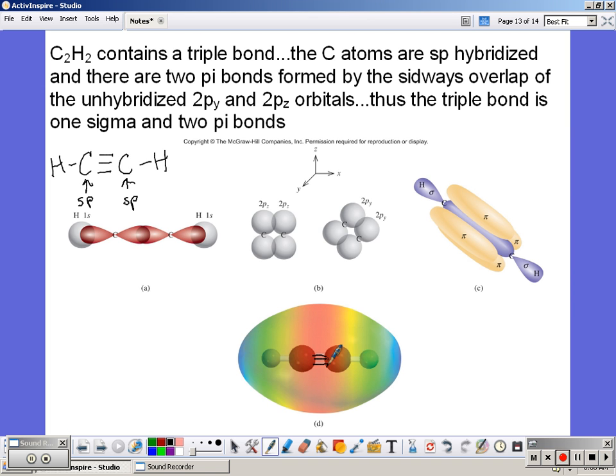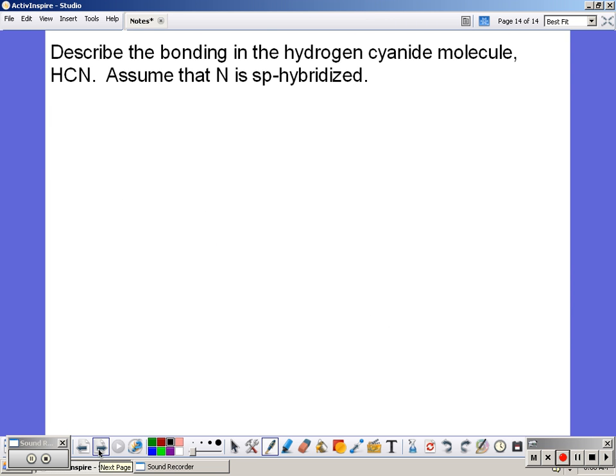So if we look at hydrogen cyanide, which is HCN, describe the bonding, assuming that nitrogen is sp hybridized. So our diagram would look like this. Our carbon would have to be sp hybridized, and our nitrogen, 1 from the lone pair, 2 from that carbon, is also sp hybridized.